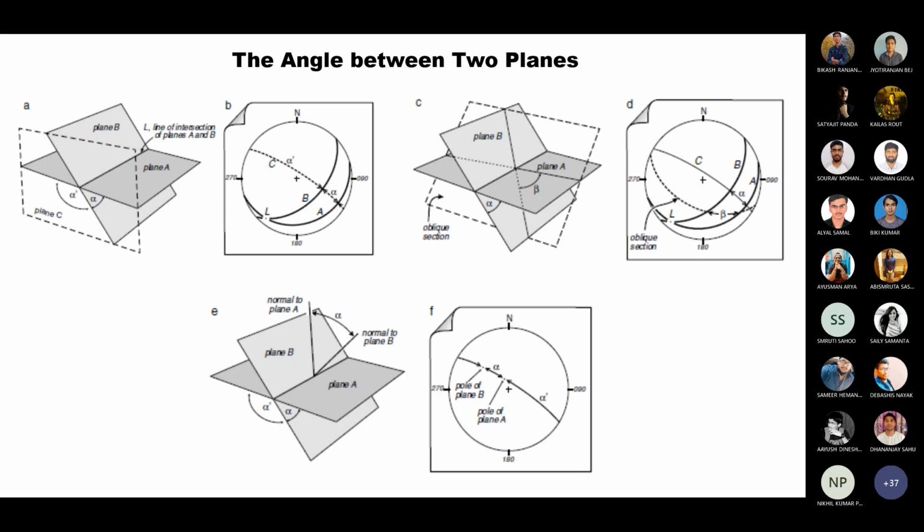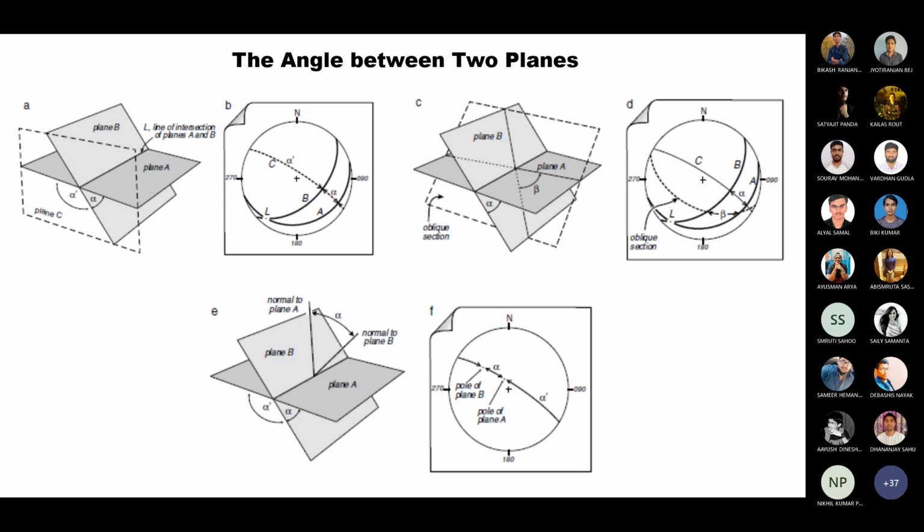Already in the initial part of the discussion, I told you that plane normals are the identification or representation of particular planes. So if we use these features, then we can determine the dihedral angle between a pair of planes stereographically using poles of the planes.